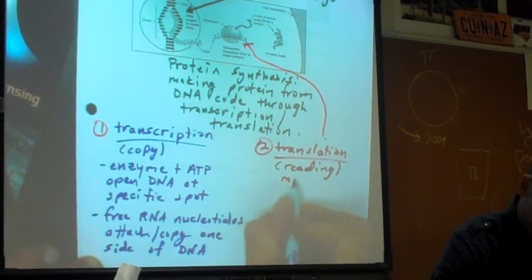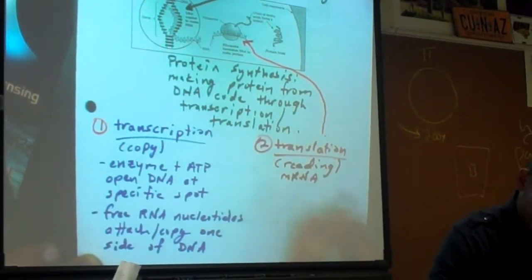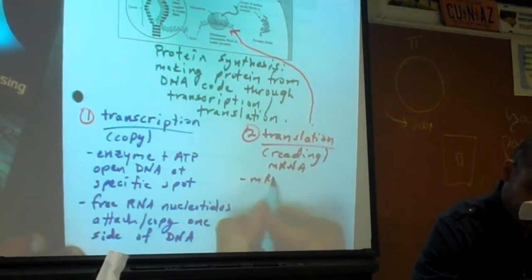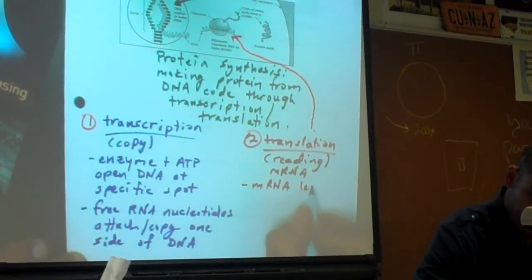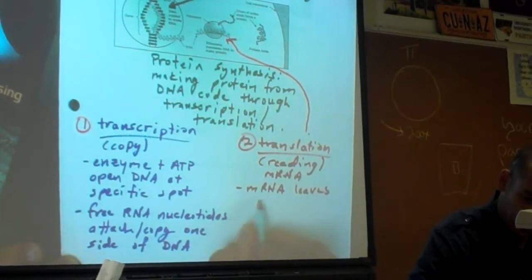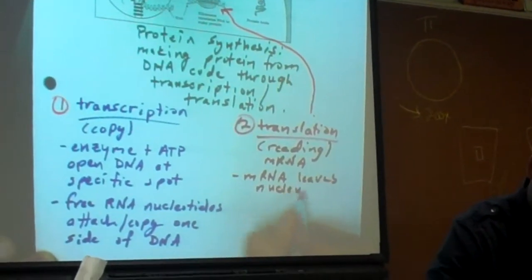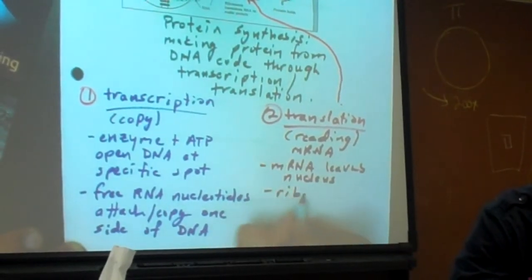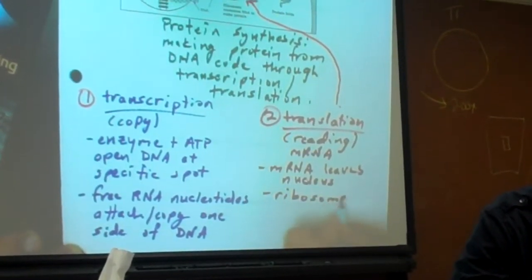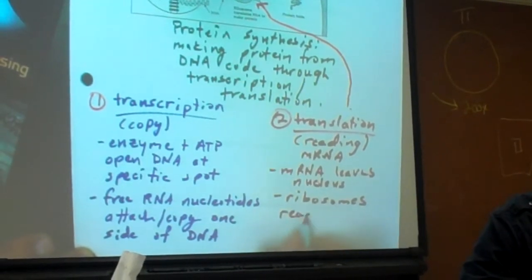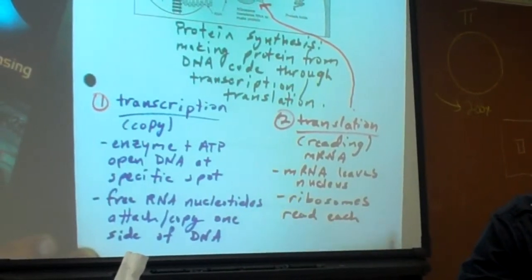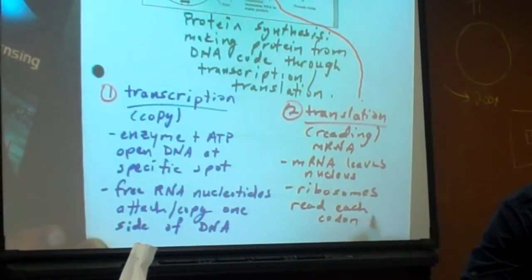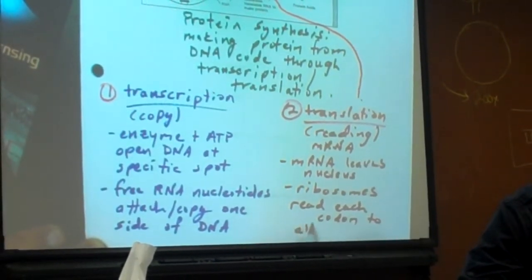And reading the mRNA, messenger RNA. So what ends up happening is the mRNA leaves nucleus. Ribosomes read each codon to attach.